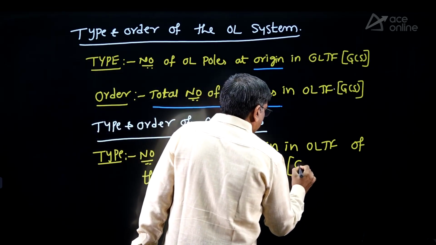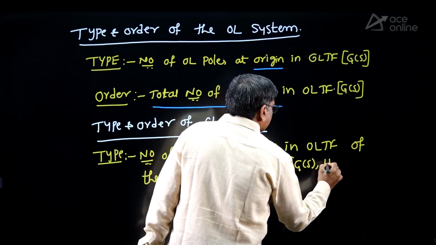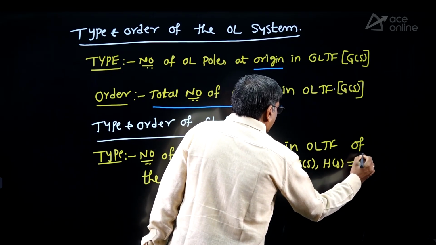That means you have to get the type from G of S, where H of S must be equal to 1.